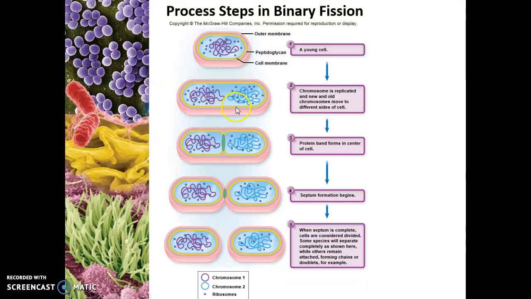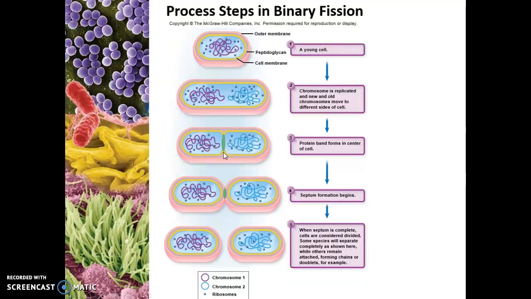And in this case, you do see that the cell elongates some, so it is growing in terms of getting bigger, but it's just simply expanding itself so that then after X amount of time, there's going to be a protein band that forms in the center, and that's going to be cutting in half the cytoplasm and fusing the cell membrane to create two internal cells.